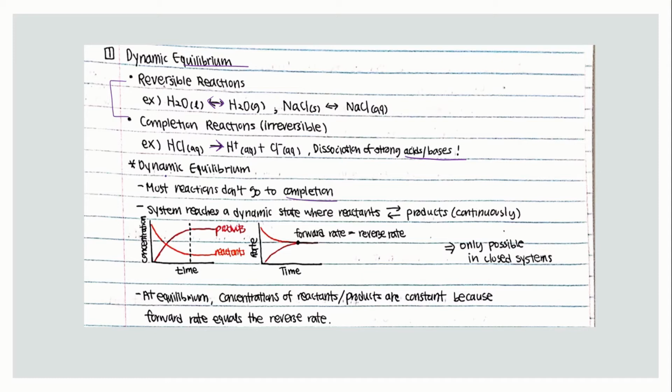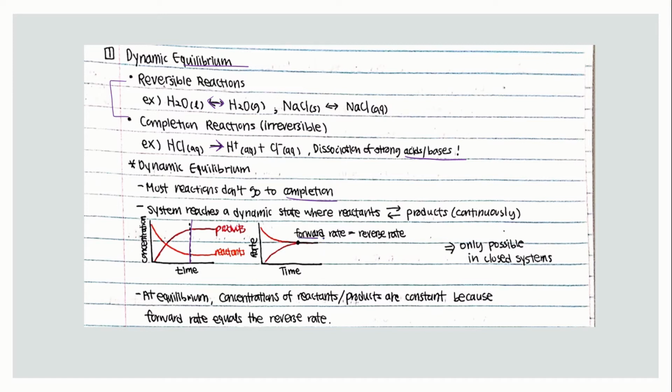And dynamic equilibrium is when the system reaches a dynamic state where reactants are continuously becoming products and products are continuously becoming reactants. At equilibrium, if you look at this graph, from this time on, the concentrations of reactants and products will not change, so they'll stay constant. That is because products are continuously becoming reactants at the same rate as the reactants are continuously becoming products.